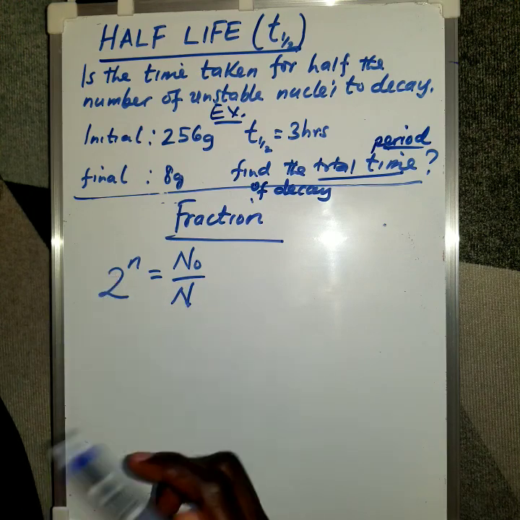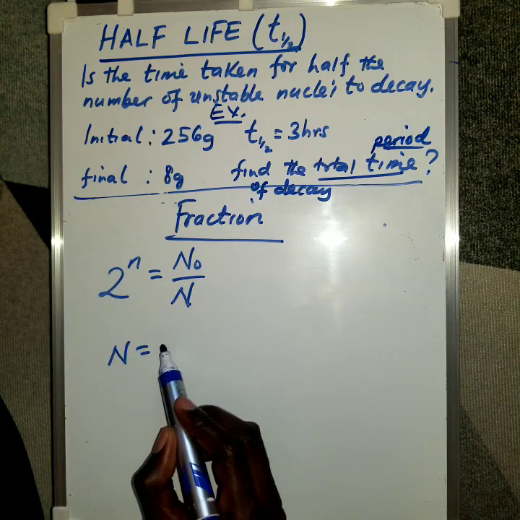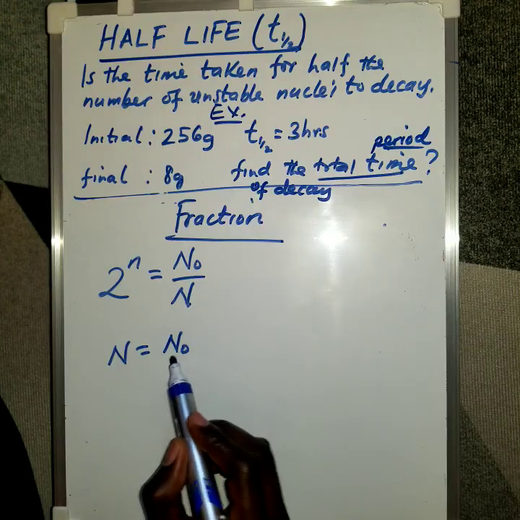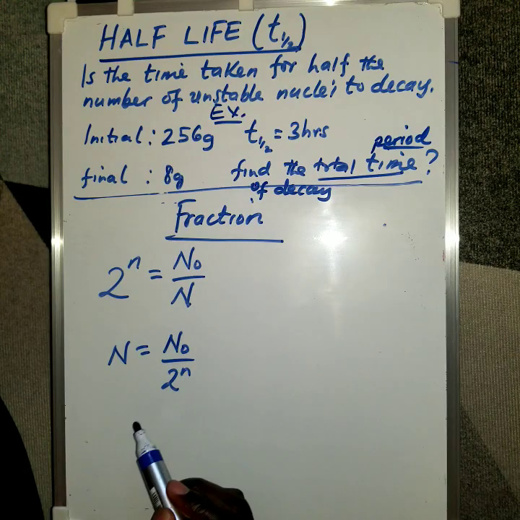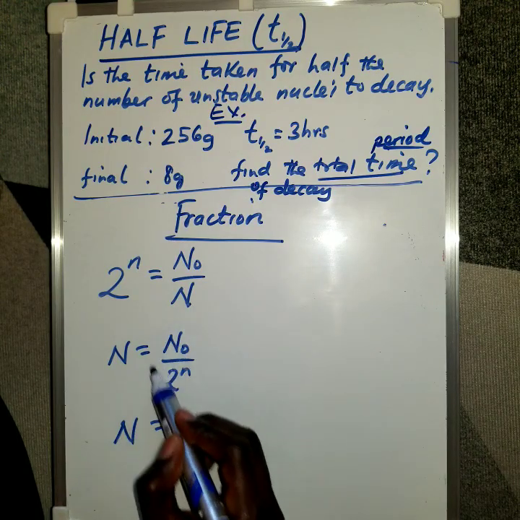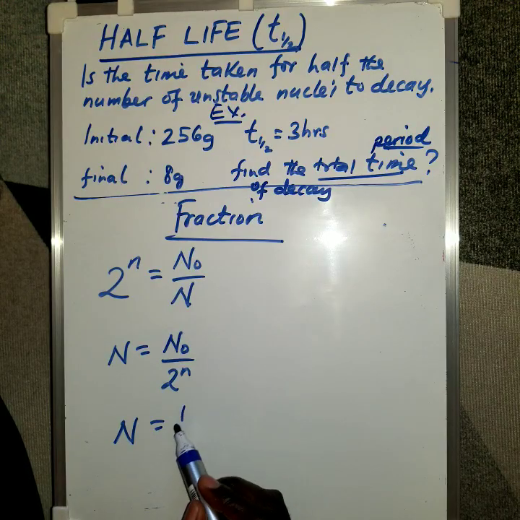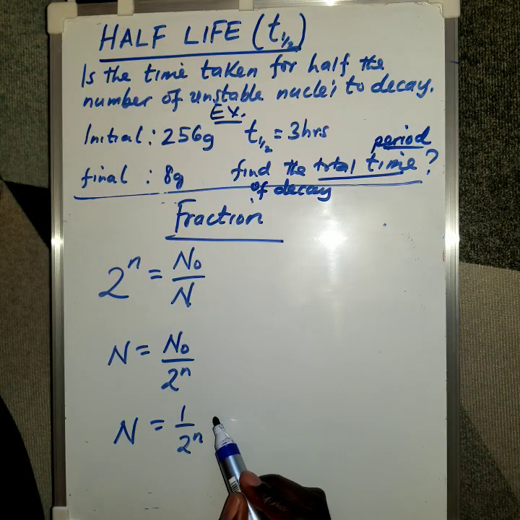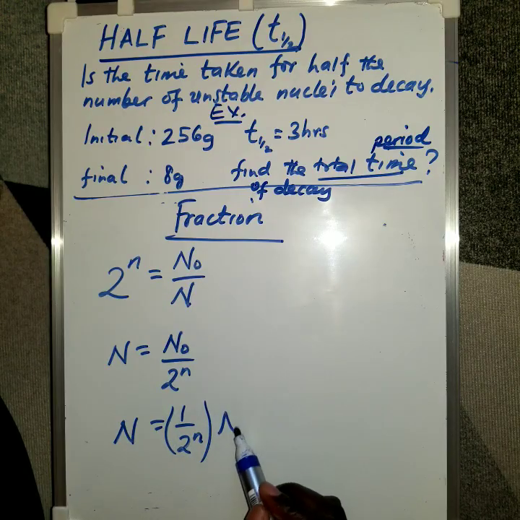So this will go there and this will come there. So your N will be equal to N0 divided by 2 raised to the power n. But I can write it as 1 over 2 raised to the power n, multiplied by N0.